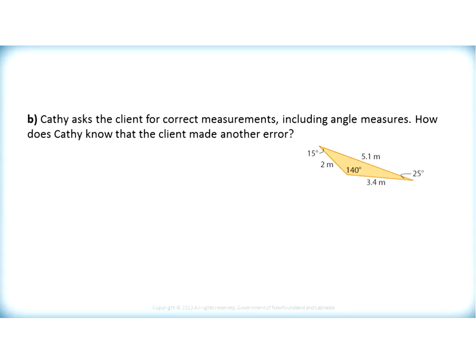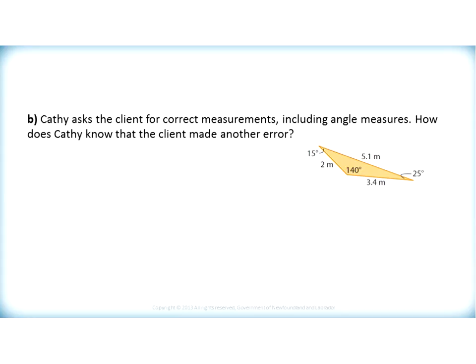So if we add 2 plus 3.4, we got 5.4. And that means that those two sides will actually be larger than the third side. So now the side measures seem to be correct, or at least they are possibly correct. They fit the property.